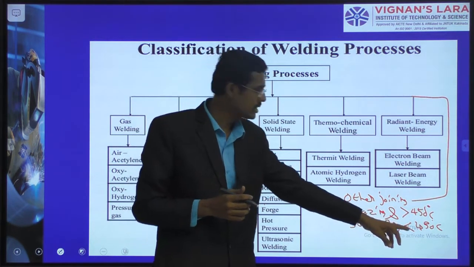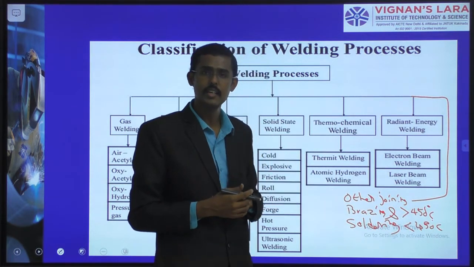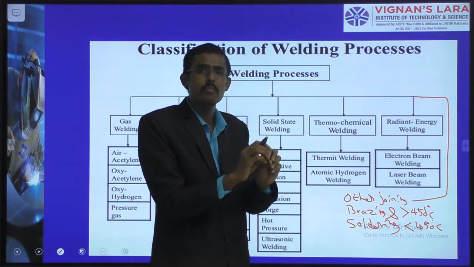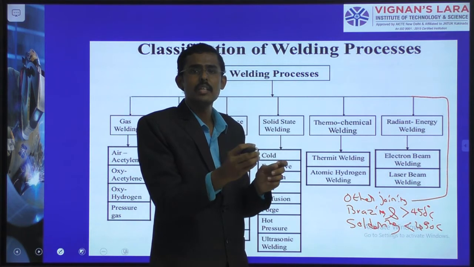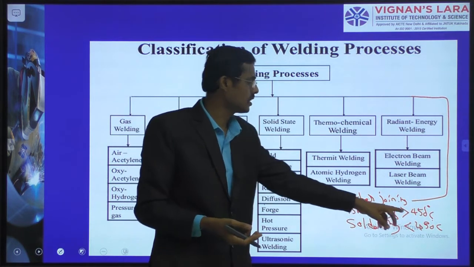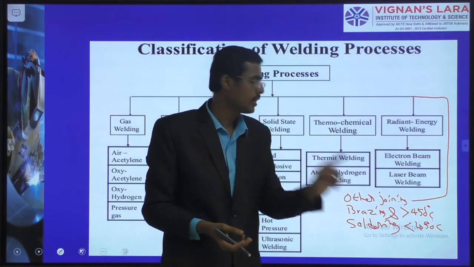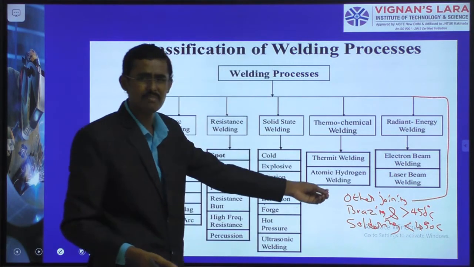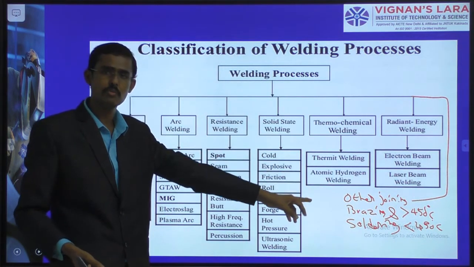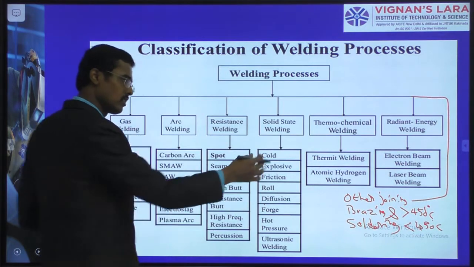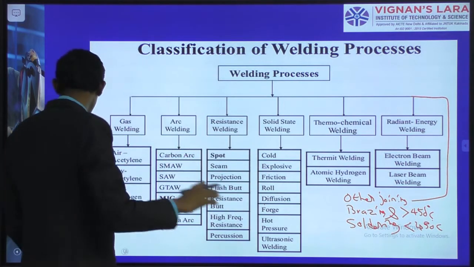That all happens at less than 450 degrees centigrade, with only the filler melting. Brazing is welding with the base material where the temperature is greater than 450, and the filler material melts. So, a simple comparison of brazing and soldering: greater than 450 is brazing, less than 450 is soldering, with melting of the filler metal only.